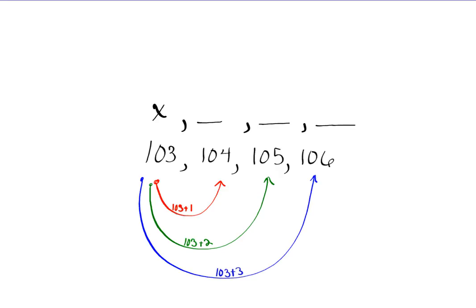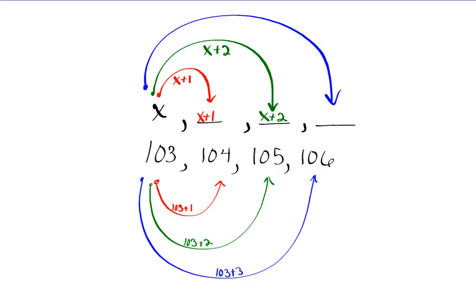So what do I do to x to get to the next one? Well, x plus 1. What do I do to x to get this one over here? x plus 2. It's just like what I did to the 103. What do I do to the x to get over here?